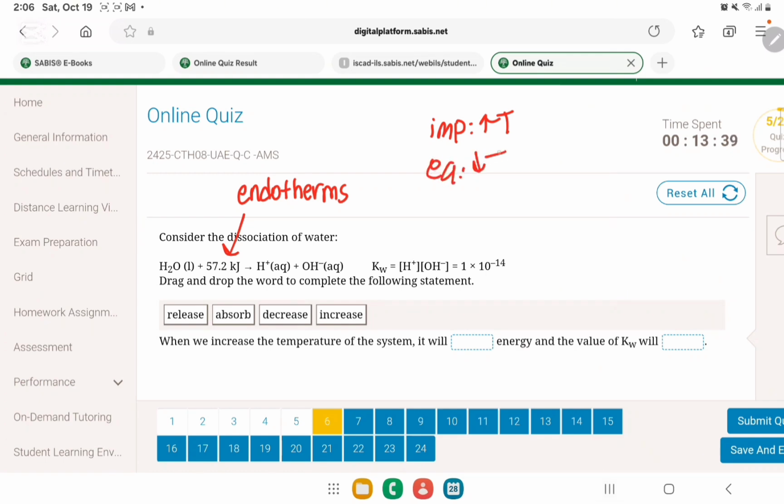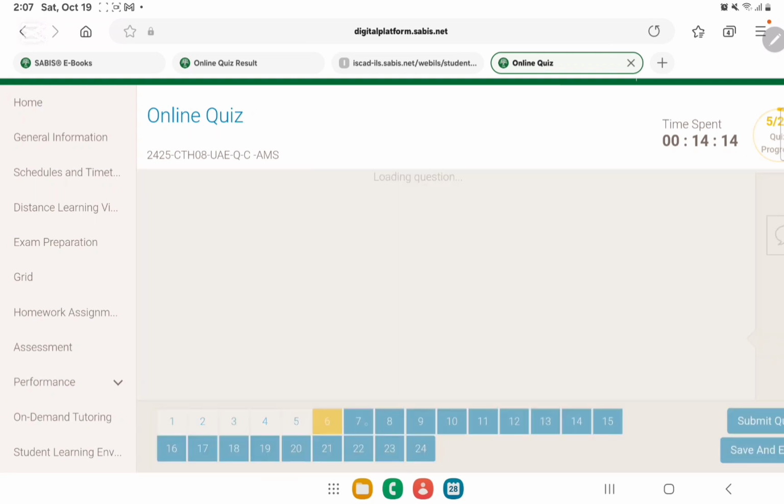So if I increase the temperature, equilibrium will decrease the temperature and go to the endothermic side, which is to the right. So if it goes to the right, it takes in heat, it absorbs heat, and the value of Kw will increase. Because Kw is equal to H and OH, if we are going toward them, their concentration is going to increase, but if we are going away from them, then the value will decrease. So here, absorb and increase.